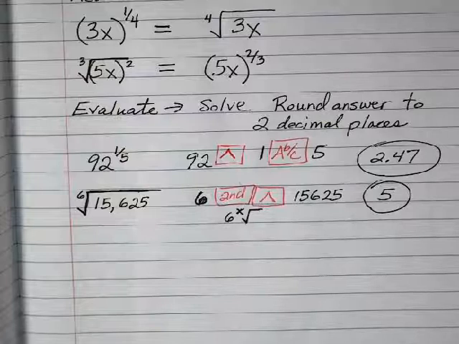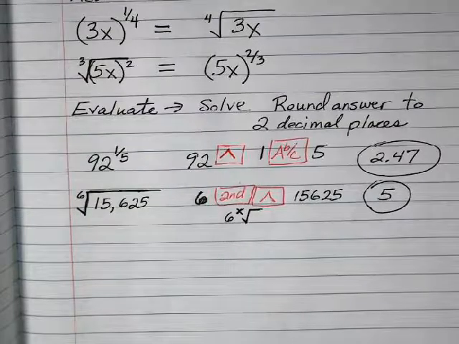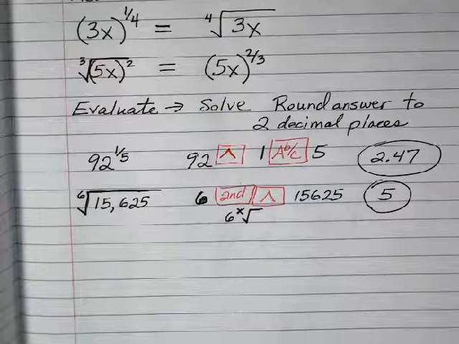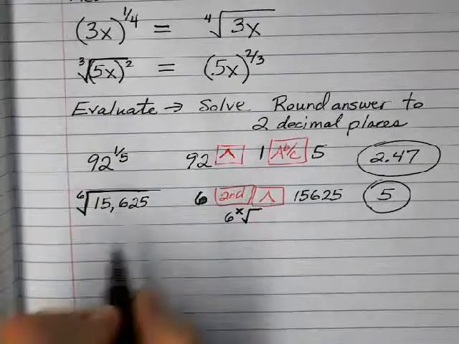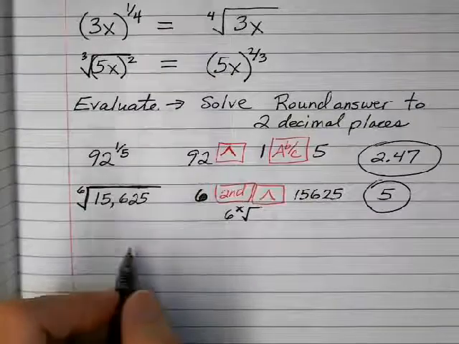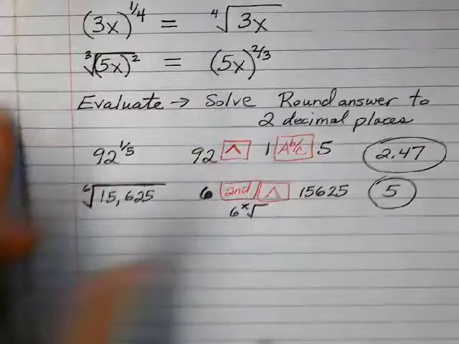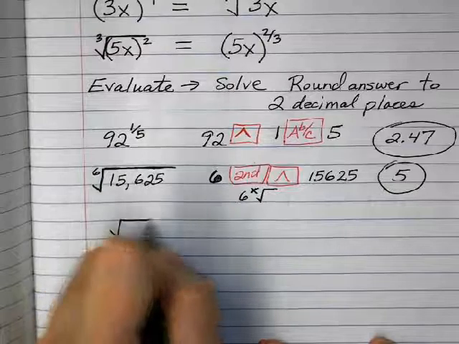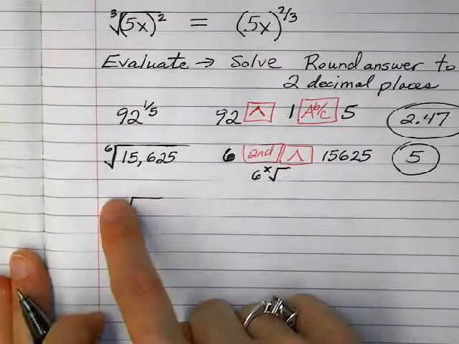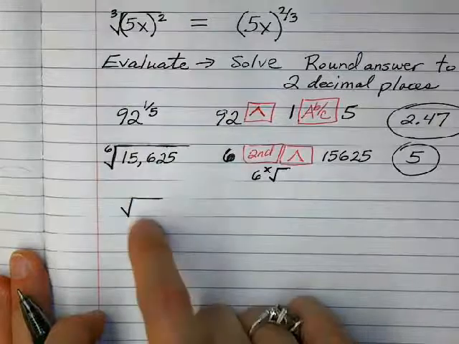Let's see, that was number 11 on here. Okay, let's try another one. Another thing you guys should know about, and I think a lot of you already do, but just to remind you again, if it doesn't have a number in front, remember it's just called a square root.